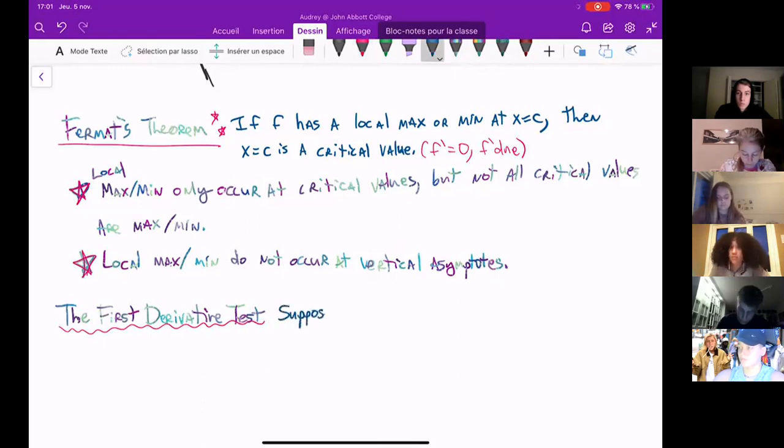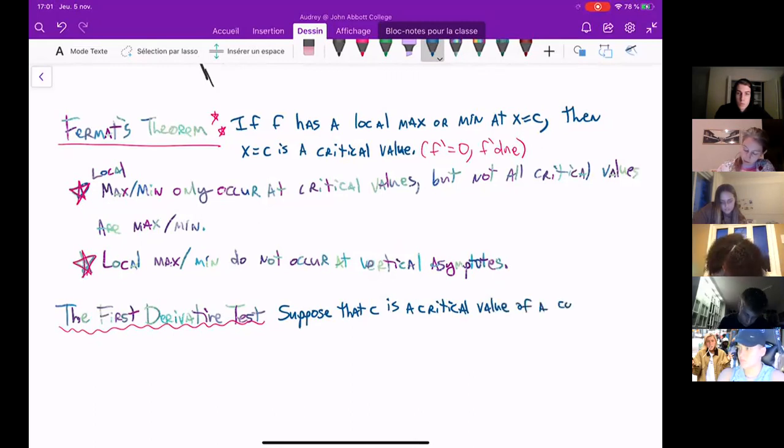Suppose that c is a critical value of a continuous function f of x.